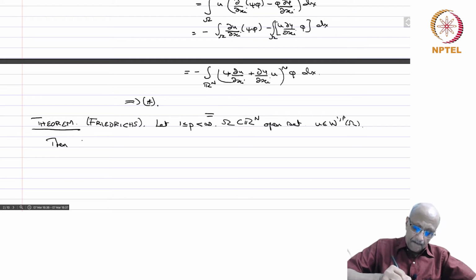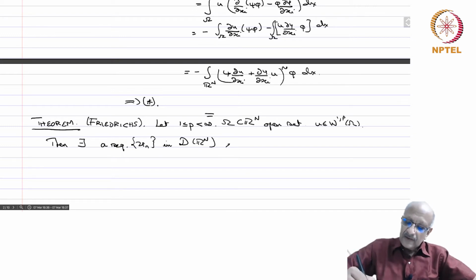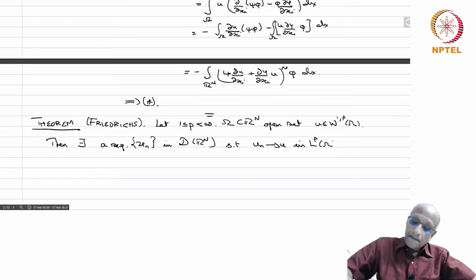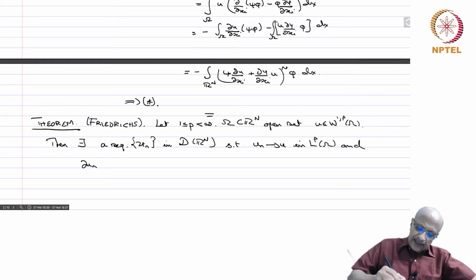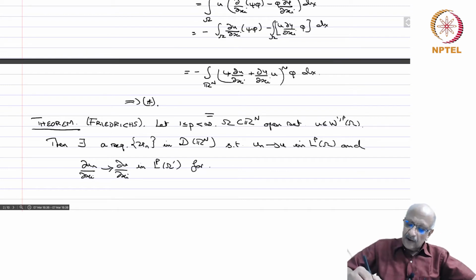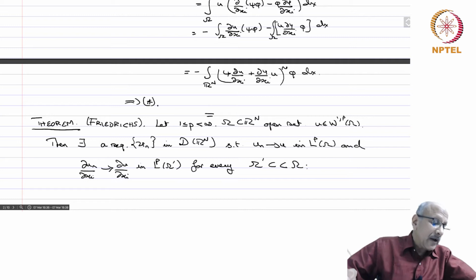Then there exists a sequence u_n in D(R^n) such that u_n converges to u in L^p(omega) and du_n by dxi converges to du by dxi in L^p(omega prime) for every omega prime relatively compact in omega.